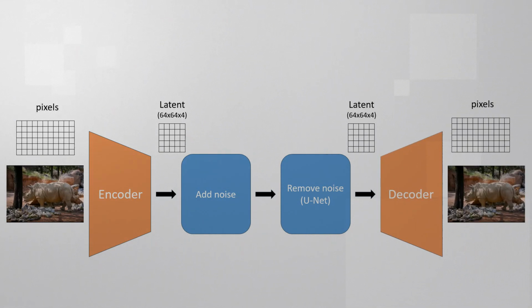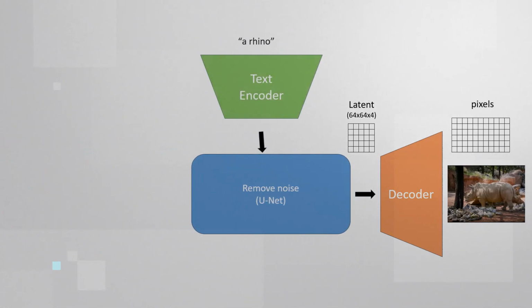When we decode the resulting latent space back to the pixel space, we get back the original image. Now we have a model that can denoise an image to a target latent space. After the training process is done, we can do inference. We can guide the denoising process toward a latent space defined by a text prompt.